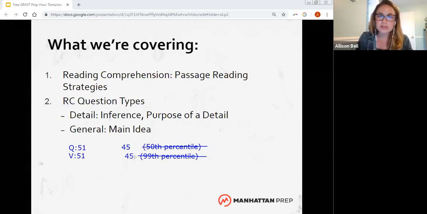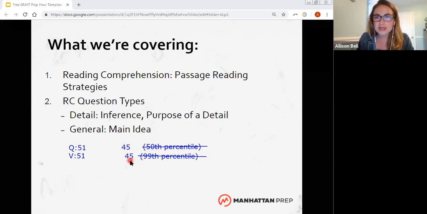But in both of these, you still have 6 more points that you could gain before you max out at 51. So it's very, very common for folks to look at their verbal score, see a percentile that's in maybe the 80s or the 90s. It's almost always going to be higher than your quant percentile. That doesn't mean that you have more points to gain in quant. The only thing you want to compare are these two scores.